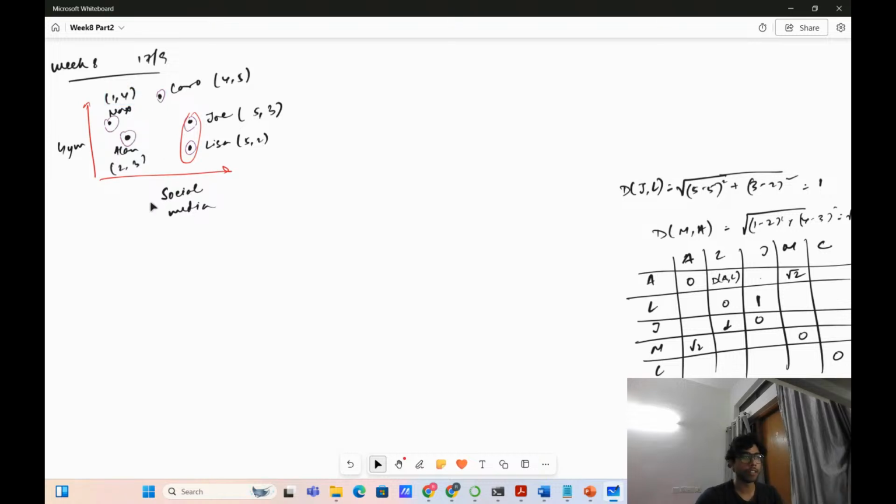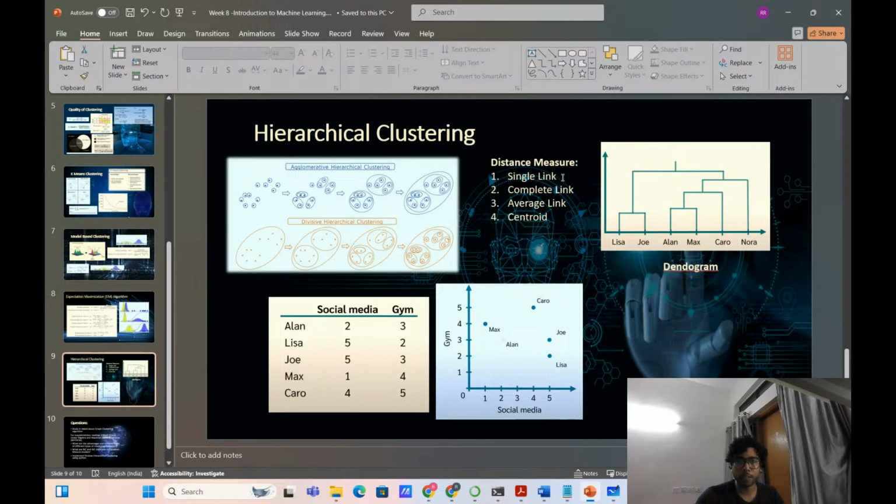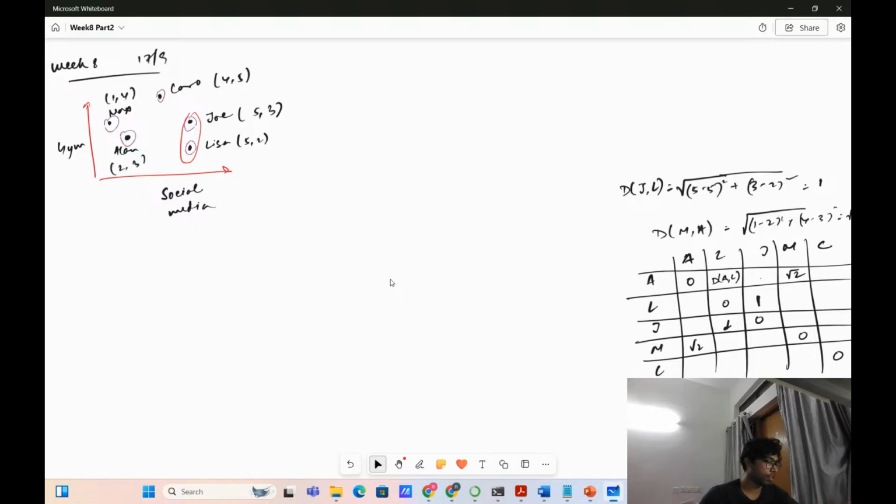There are four methods. As I was showing in the slide, the first method is single link, the second is complete link, the third is average link, and the fourth is centroid. I'll explain the four methods, but we will use single link only for the calculations.